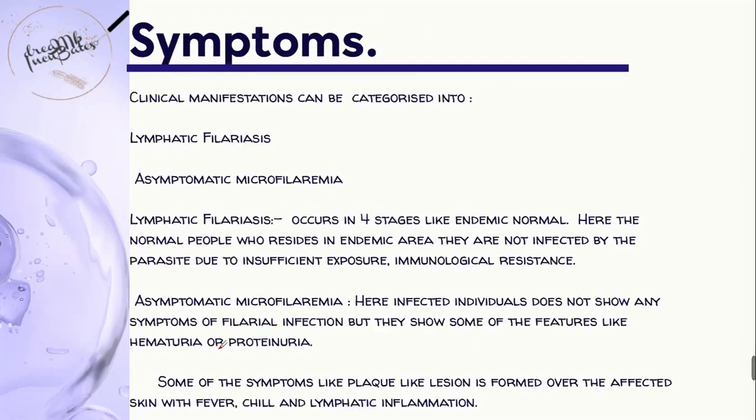Symptoms are generally categorized into two: lymphatic filariasis and asymptomatic microfilariae. Lymphatic filariasis is generally caused by roundworm, and normal people residing in the endemic area are generally not infected by the parasite due to insufficient exposure.